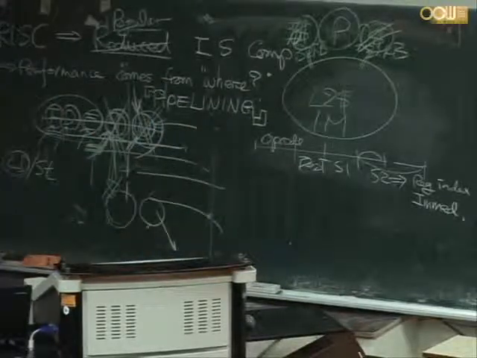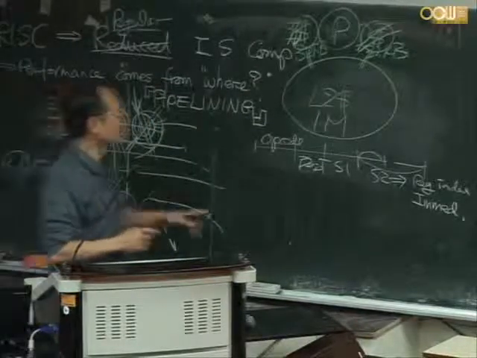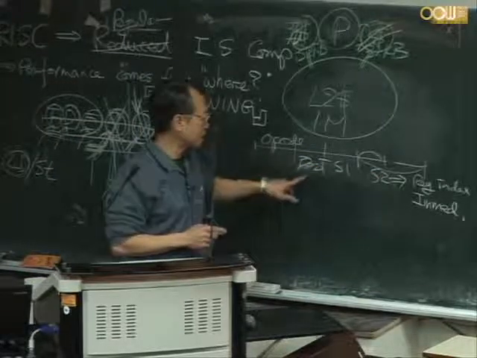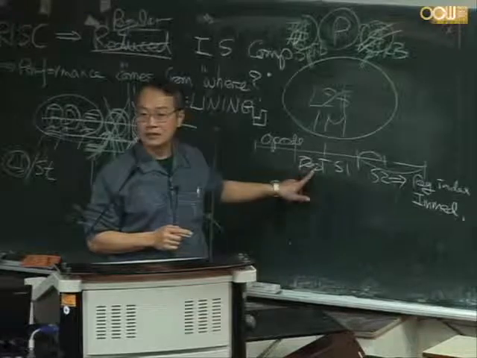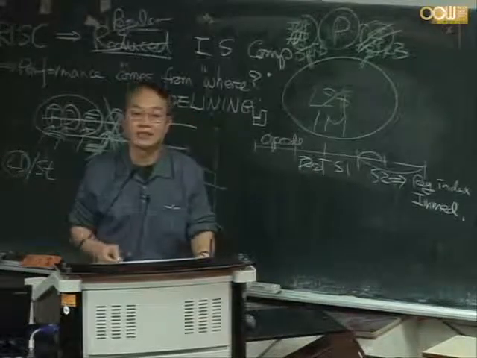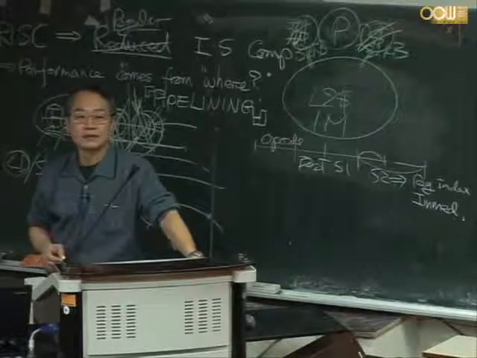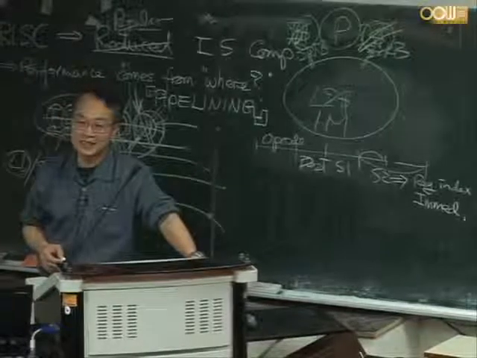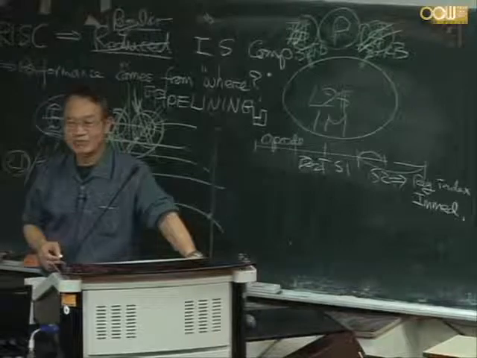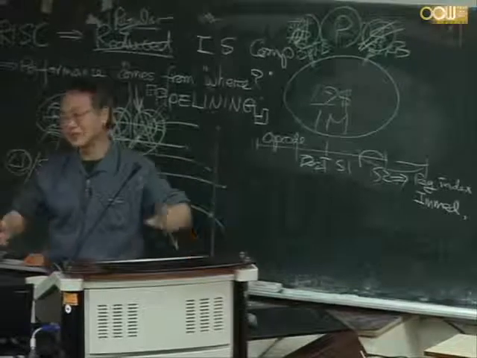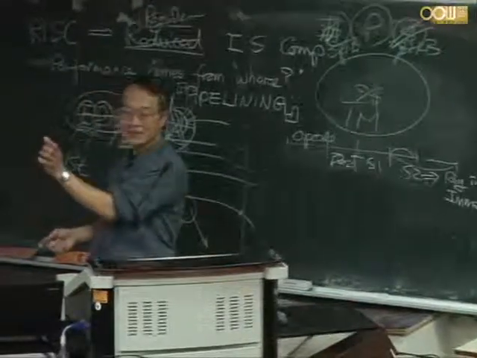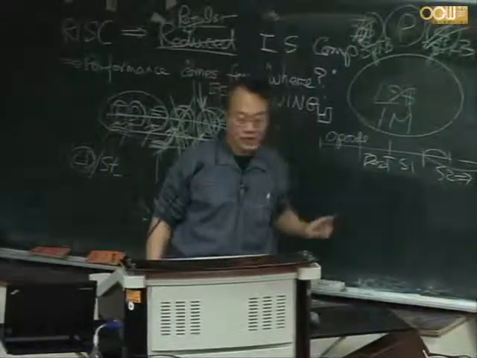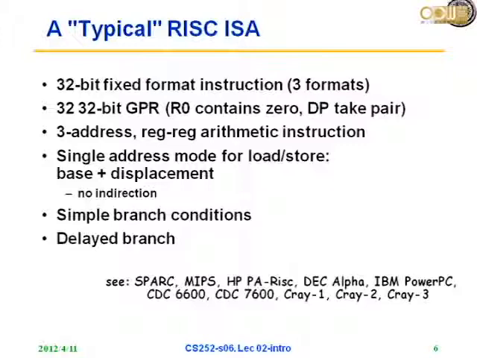Okay? Sometimes we don't need 2 sources. Sometimes we don't need a destination. Tell me, which ones don't need a destination? What instructions don't need destination? Branch. I just want to see if a register content is 0 or not 0. We need only 1 register. Or store.